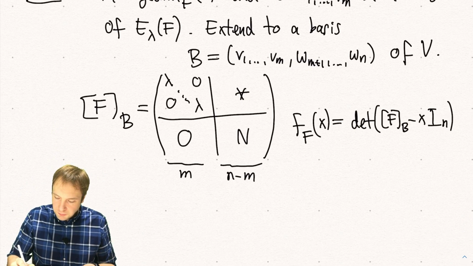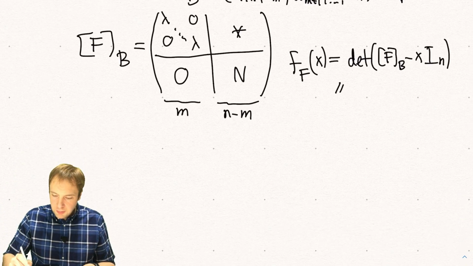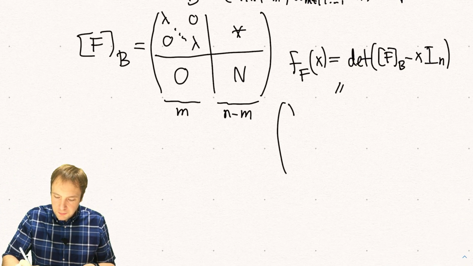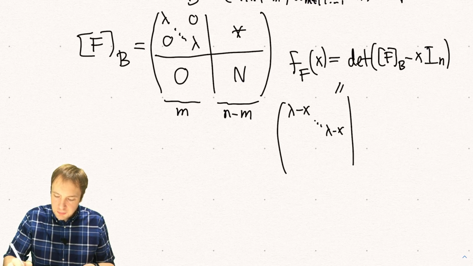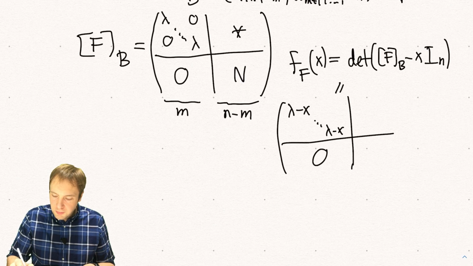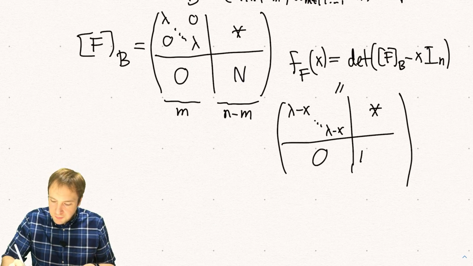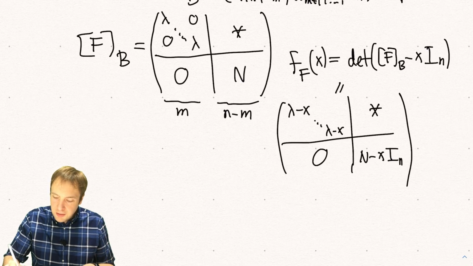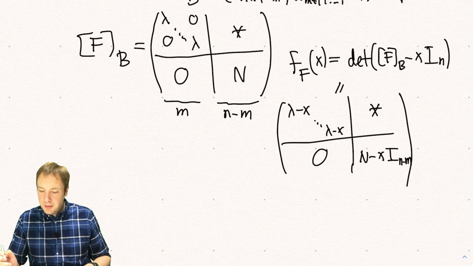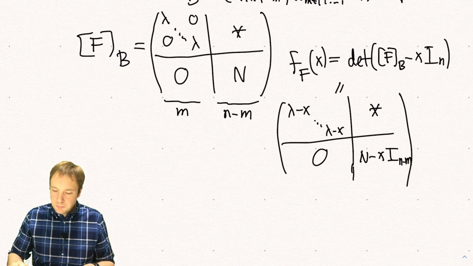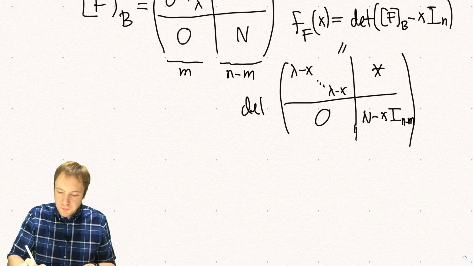So I have lambda minus x, lambda minus x here. Here I still have 0. Here I don't care. And here I have the matrix n minus x times the identity matrix of size n minus m. So I have the determinant of this.